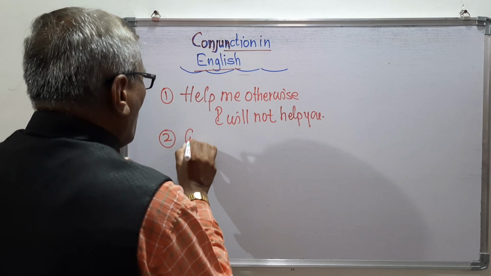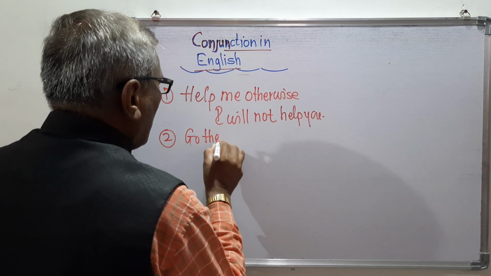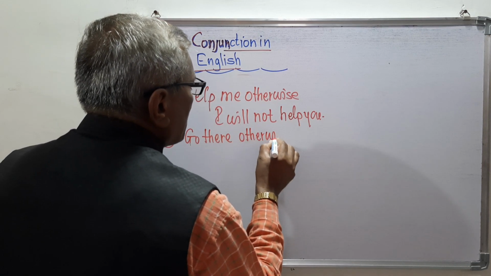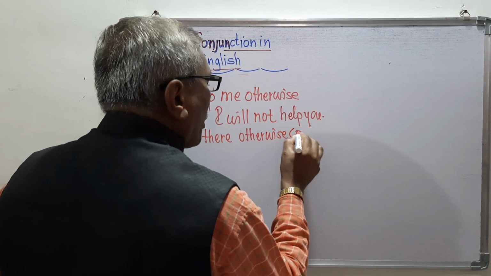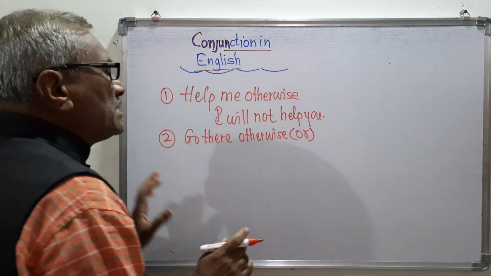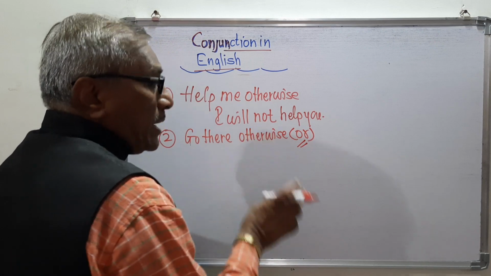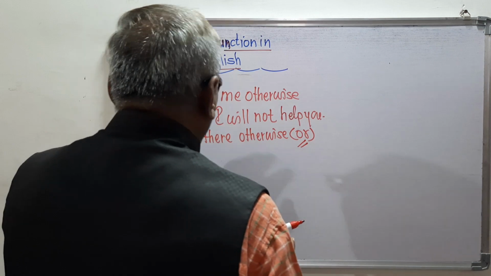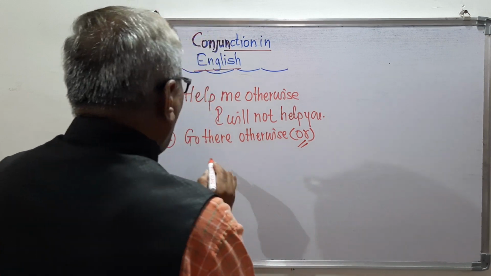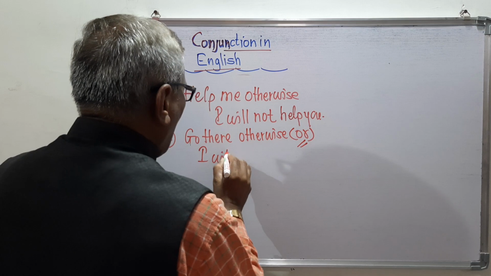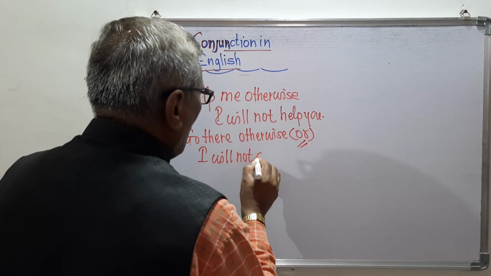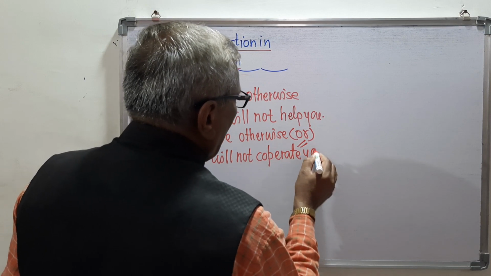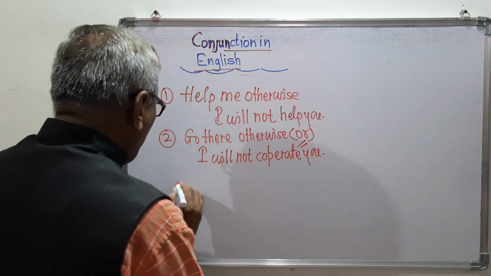Second example is, go there, otherwise, or. Remember, otherwise and or is the same. We can say otherwise or we can say or. So remember, go there, otherwise I will not cooperate with you. Remember, this is the next example.